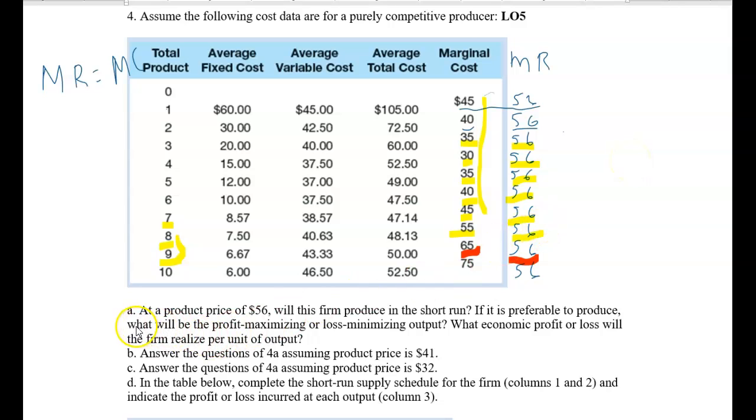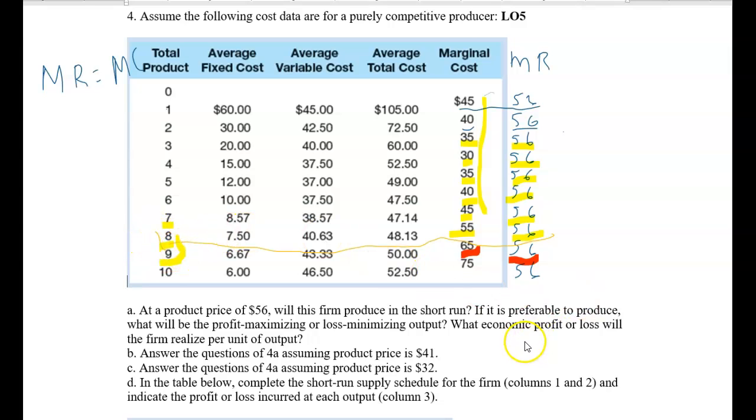So at a product price of $56, we will produce 8 units of output. So right here is the level of output that we're going to produce. That will be 8 units of output.